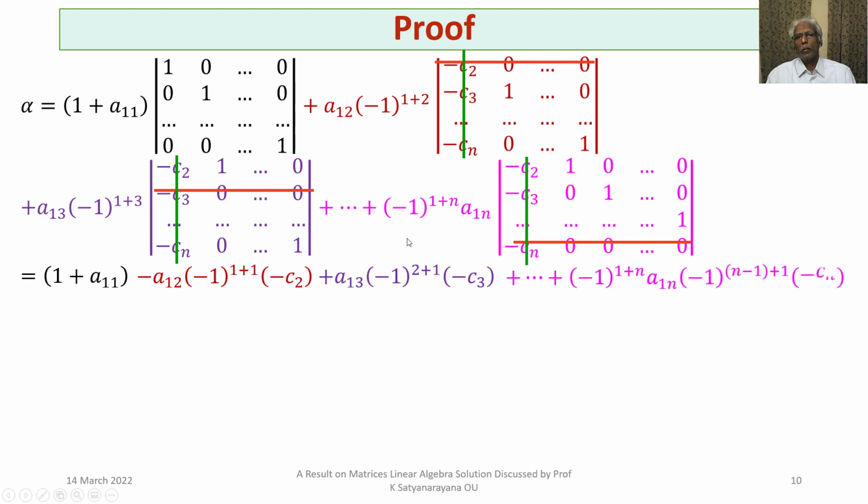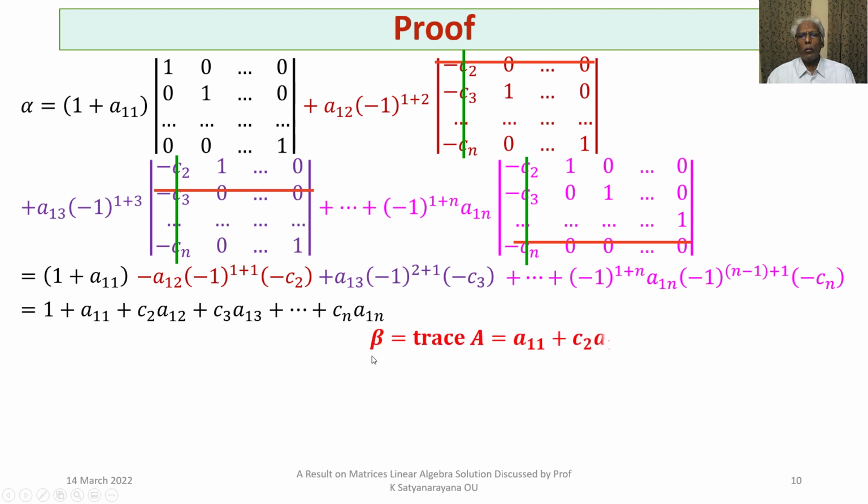So (minus 1) to the power of 1 plus n, a1n, and you are expanding by this entry, which is in the n minus 1 row and first column, therefore (minus 1) to the power of n minus 1 plus 1 into minus Cn. So that's the expansion, and simplifying, you will get 1 plus a11 plus C2 a12 plus C3 a13 etc. plus Cn a1n.